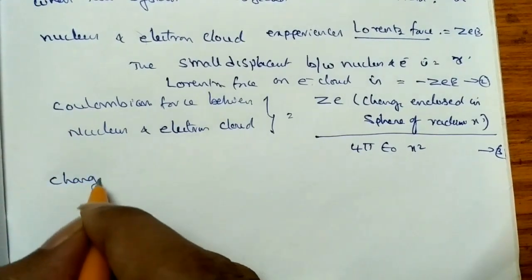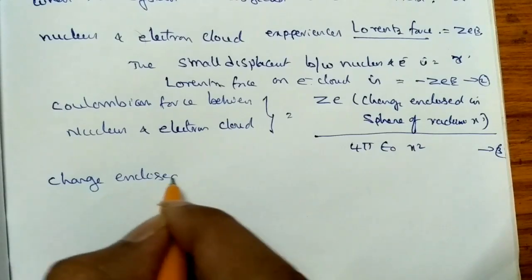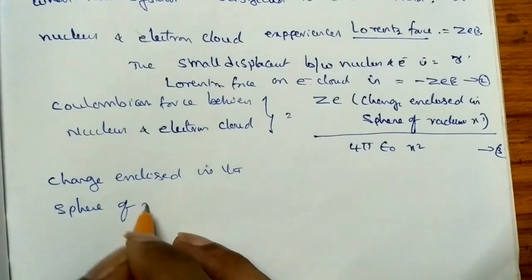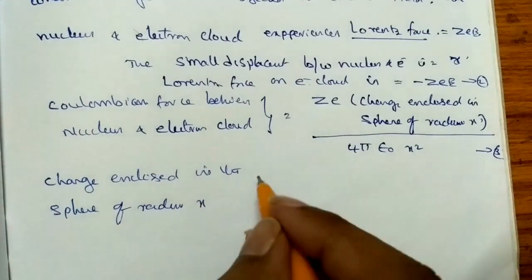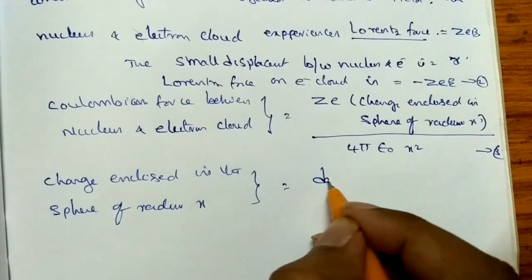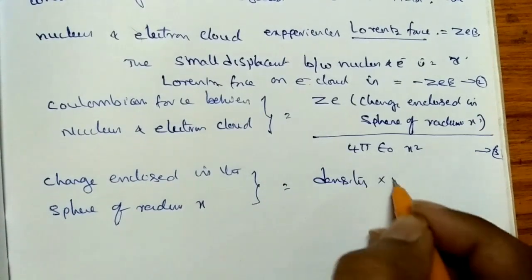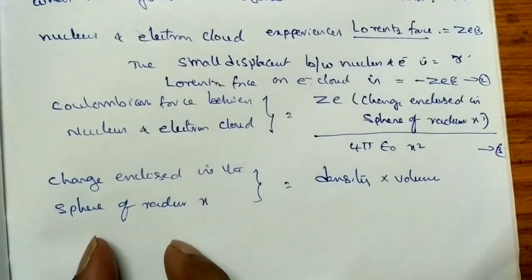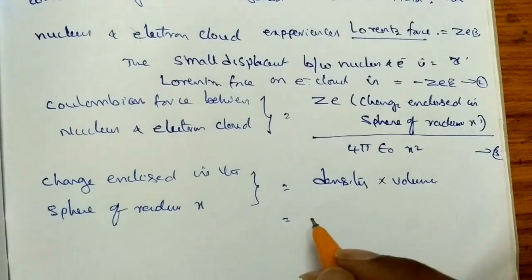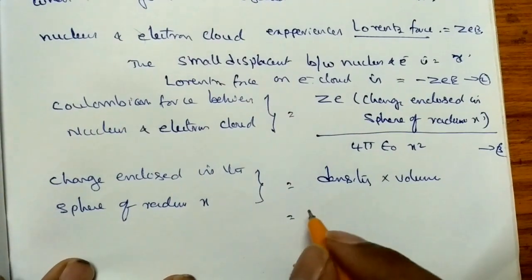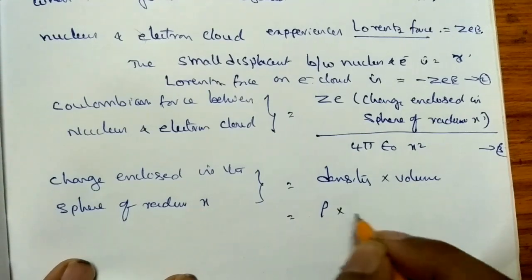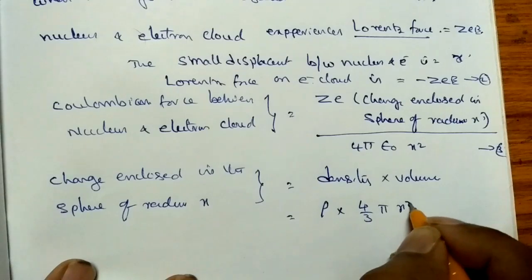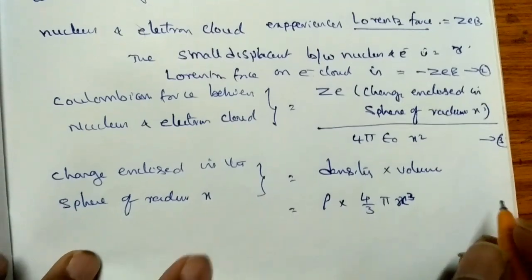Charge enclosed in the sphere of radius x. Charge is equal to density into volume, because density is equal to charge by volume. Already we know the density from equation 1, so charge is rho into 4 by 3 pi x cube. Here the sphere radius is x.